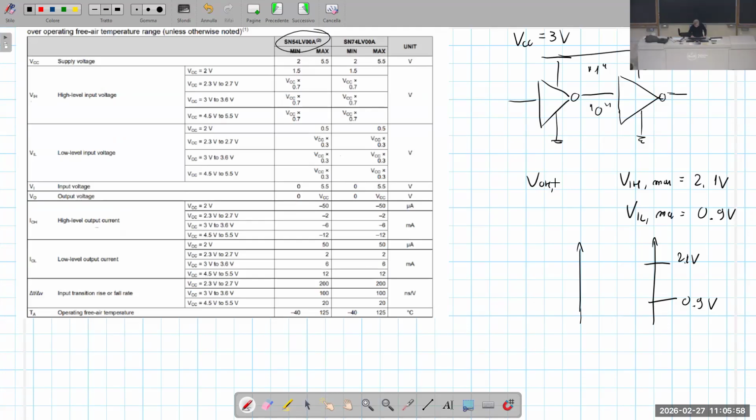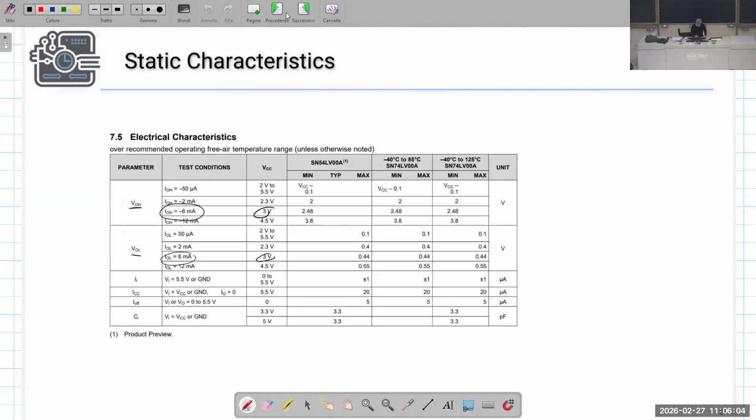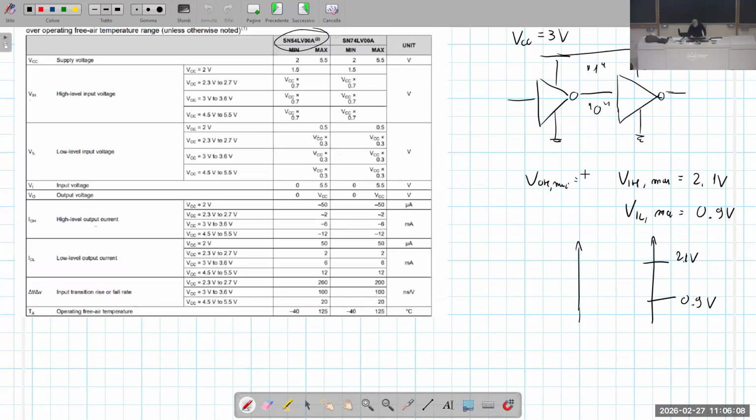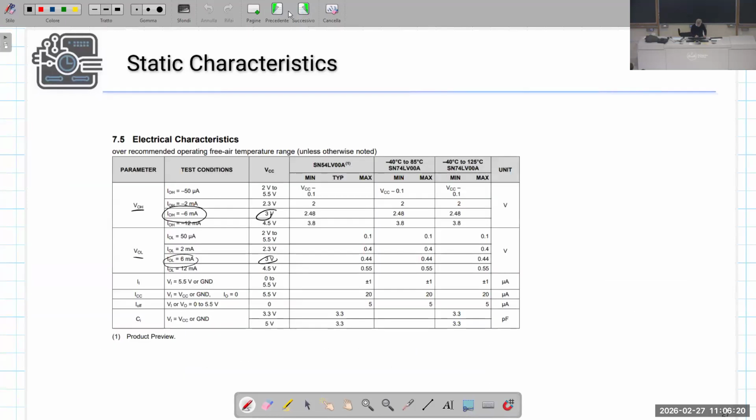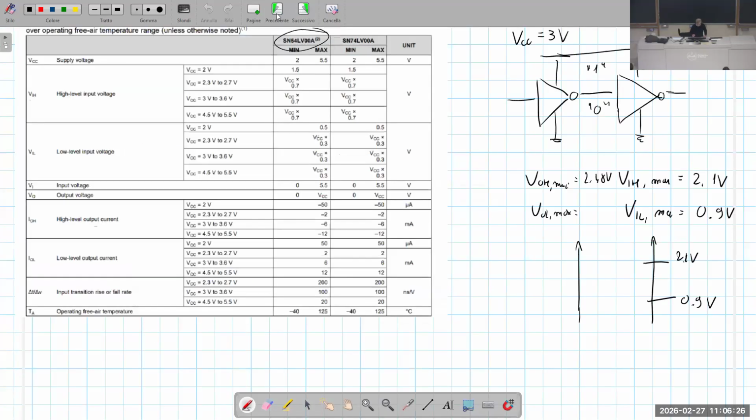So we can put VOH minimum, we have said, 2.48 volt, and VOL maximum 0.44 volt.